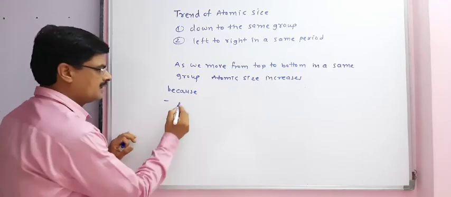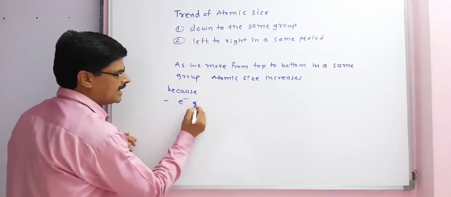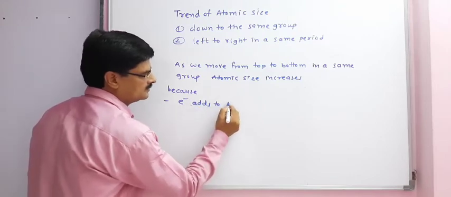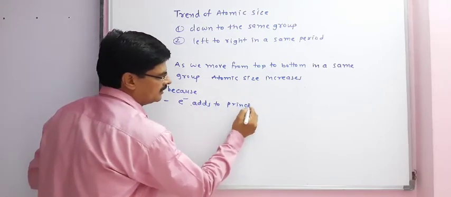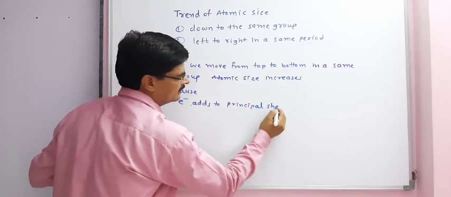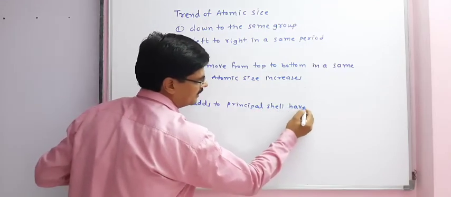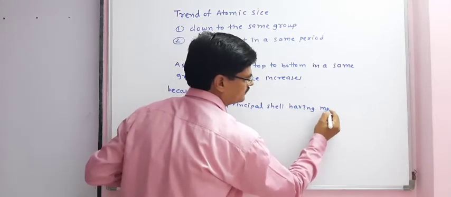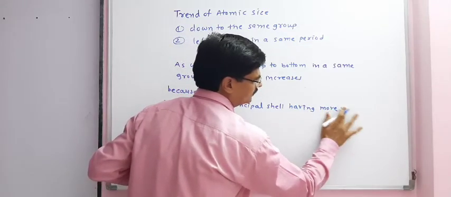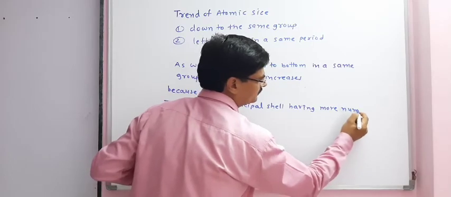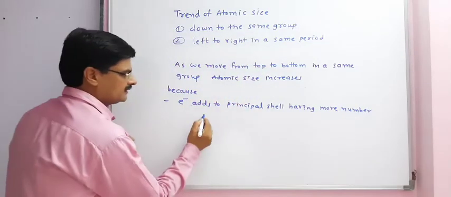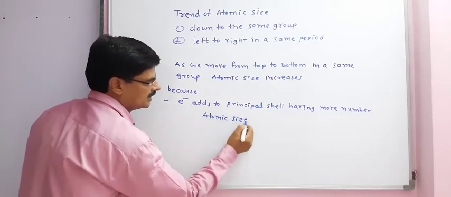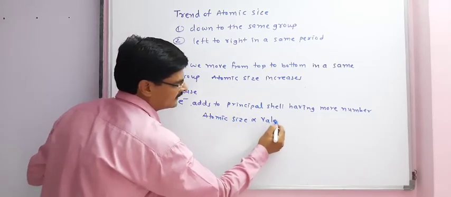This is because, number one, electrons are added to a principal shell having a higher number, because atomic size is proportional to the valence shell.